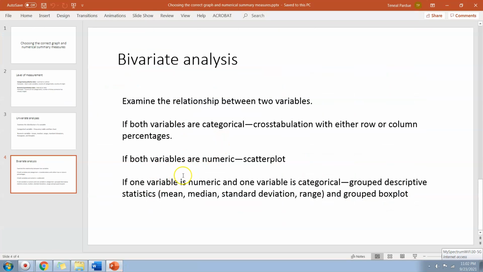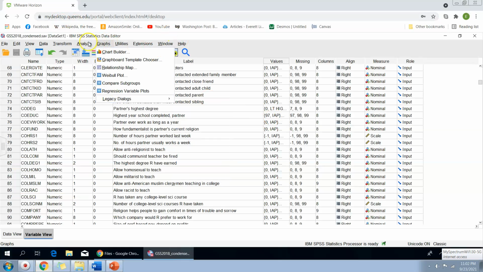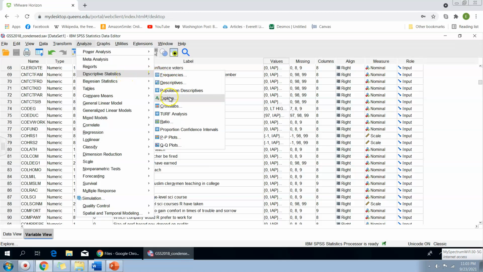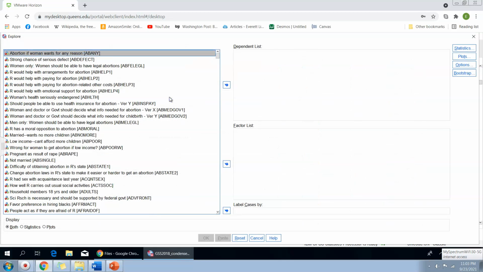And then if you've got one of each, one variable that's numeric and the other one that's categorical, you're going to do the grouped descriptive statistics and your grouped box plot. So that is back under the Explore function, and you're going to put your numeric variable in the dependent list and your categorical variable in the factor list.